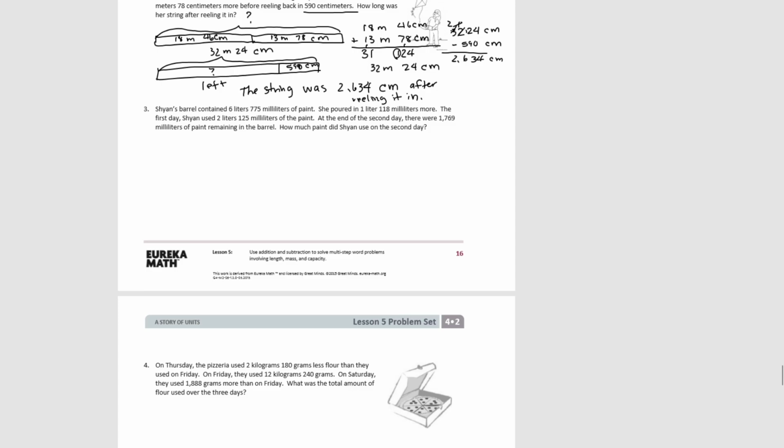Okay, so Cheyenne's barrel contained 6 liters and 755 milliliters of paint. Then she poured in another 1 liter, 118 milliliters.